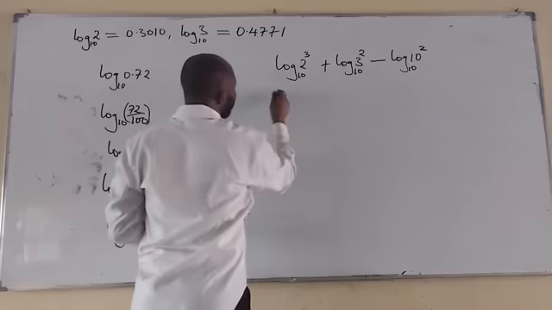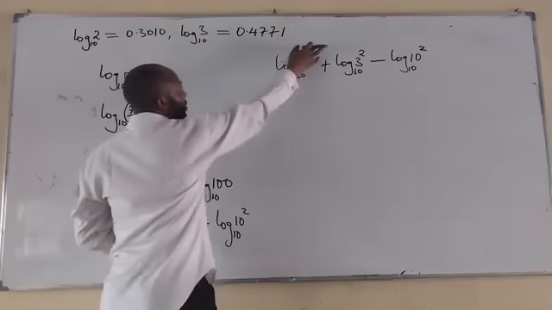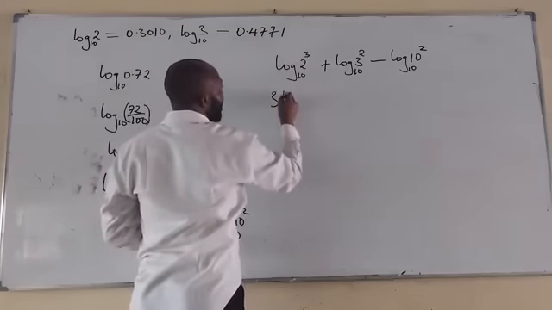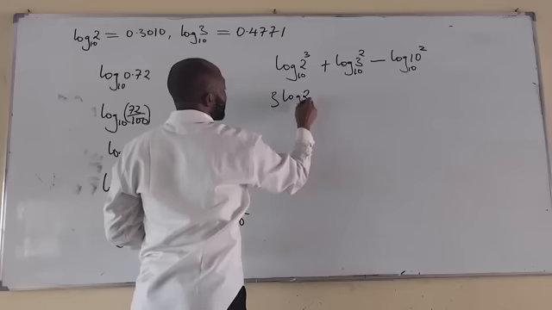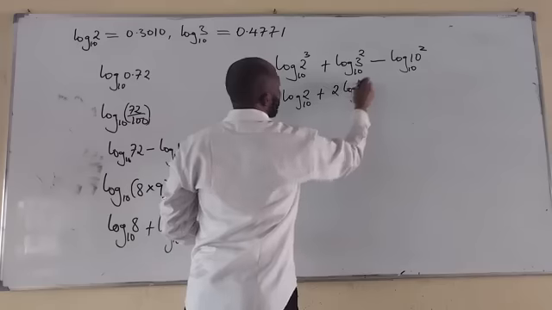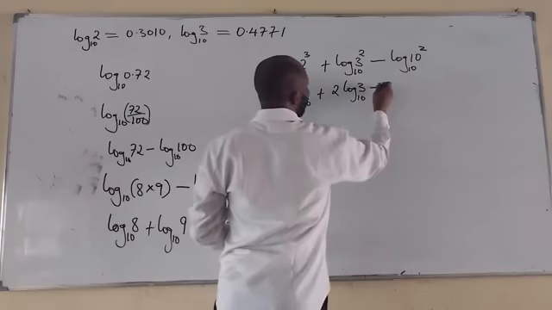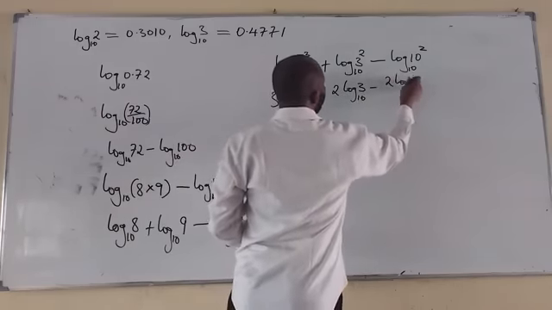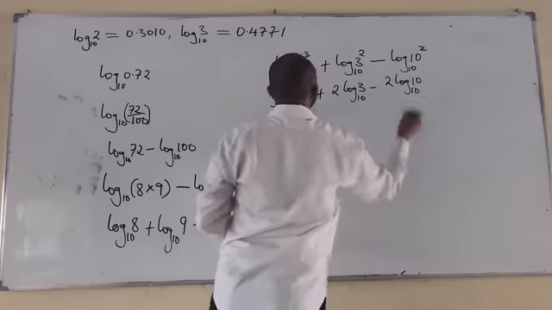So here I have 3, the 3 multiplies the log: 3 log 2 in base 10 plus 2 log 3 in base 10 minus 2 log 10 in base 10.